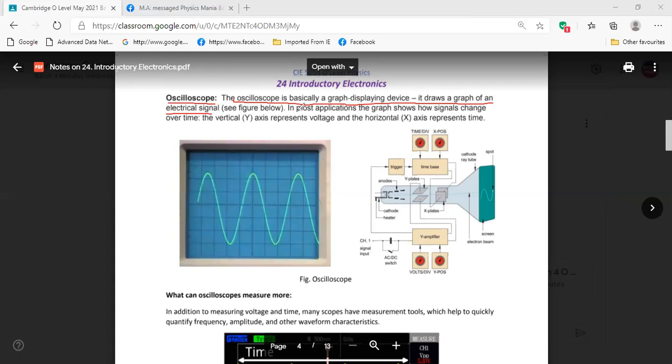In most applications, the graph shows how signals change over time. We have two axes. One is the vertical axis, which represents the voltage, and the horizontal axis shows the time. So write this, the part I underlined.